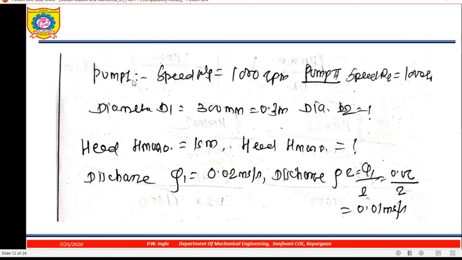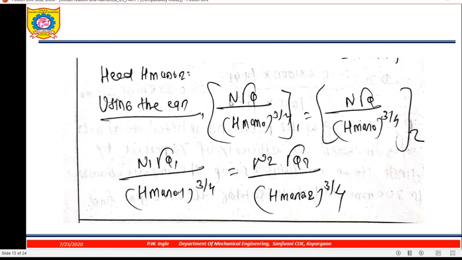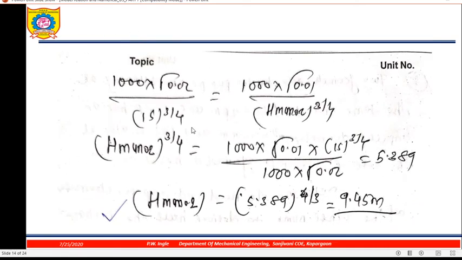So you can write pump 1, 1000 RPM, pump 2 speed, then D1 diameter, D2 you have to calculate, and manometric head you have to calculate. So you can use this equation, N under root Q over H manometric raised to the power, this is the specific speed equation.